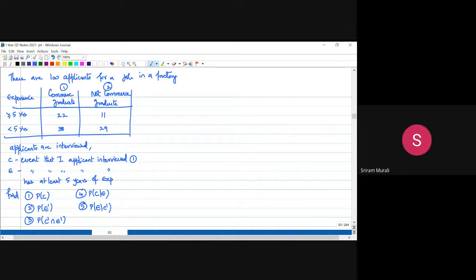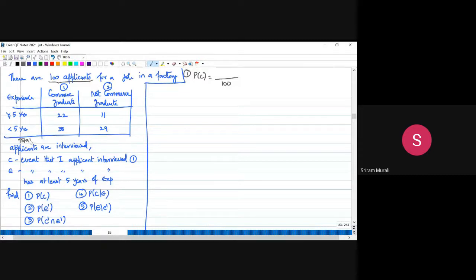So, subdivision 1. Probability of the first applicant to be interviewed is C. Total number of applicants is 100. In the 100 applicants, how many of them are commerce graduates? I mean, total commerce graduates.